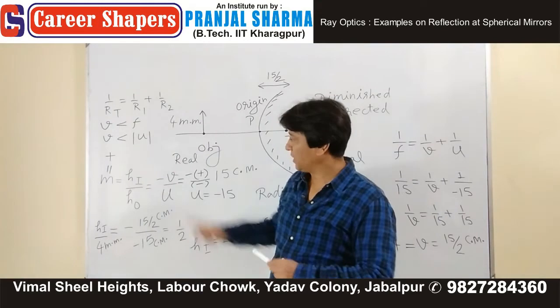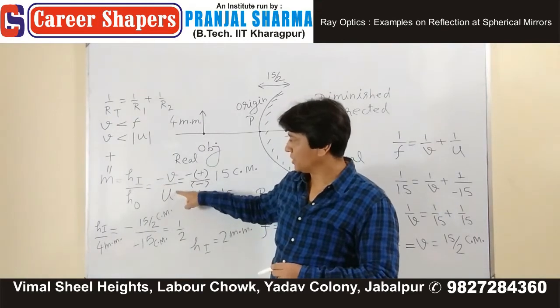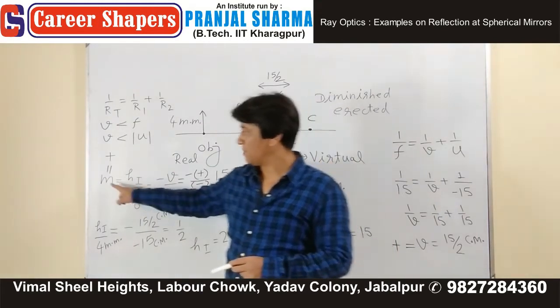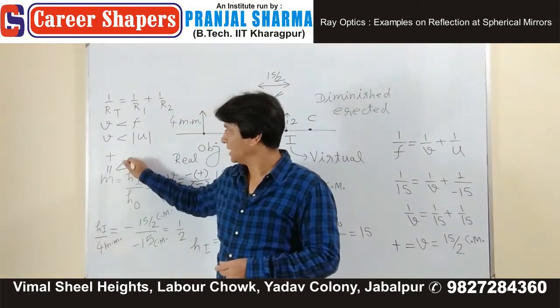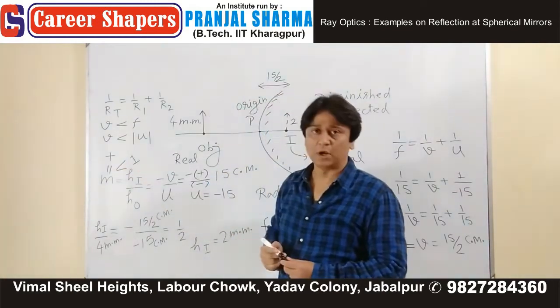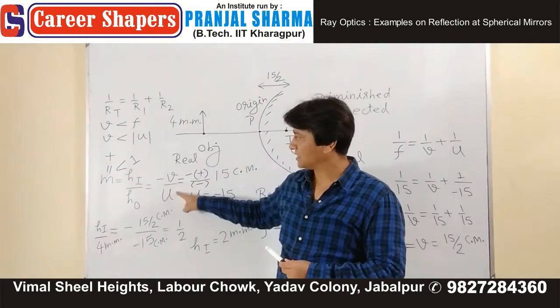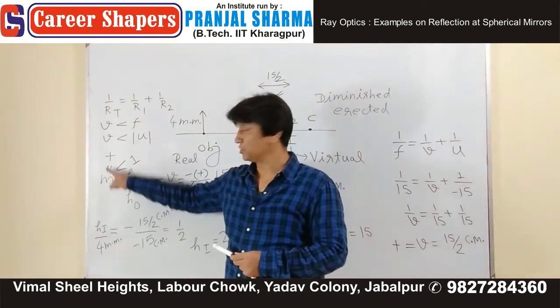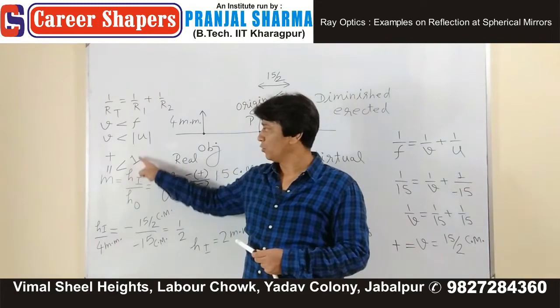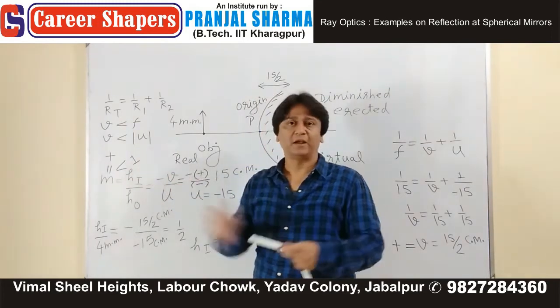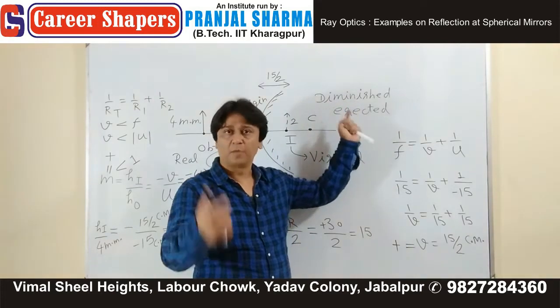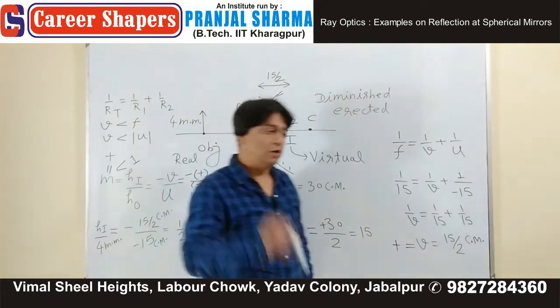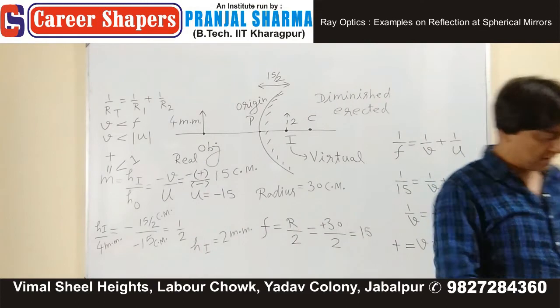That means if V is less than U, your magnification M will always be less than 1. If V is less than U, then your magnification, which is positive, is always less than 1. That gives us a diminished image. Now, write down the final statement.